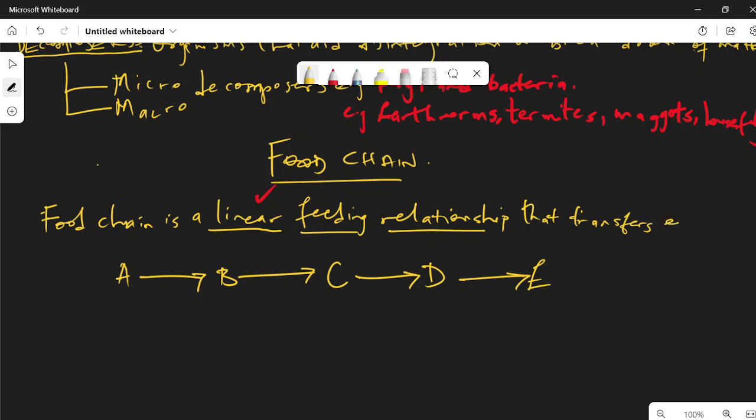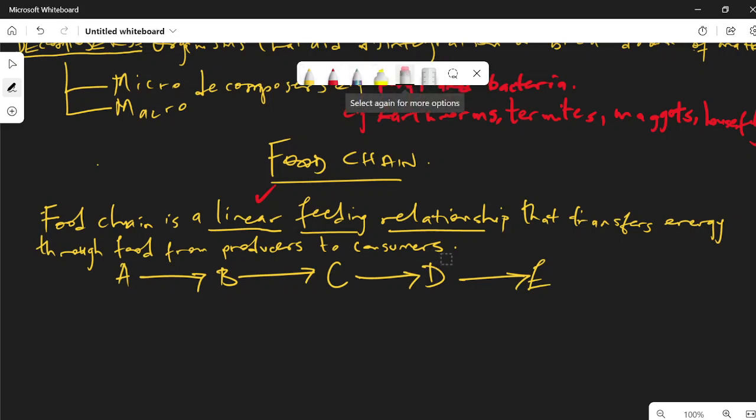So we say that food chain is a linear feeding relationship that transfers energy through food from producers to consumers, or let me say to the final consumer.